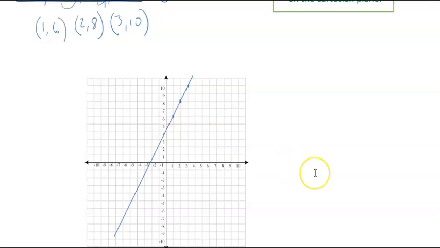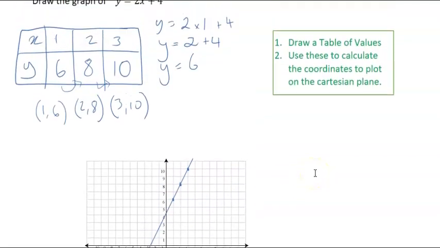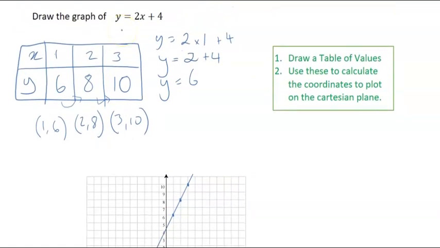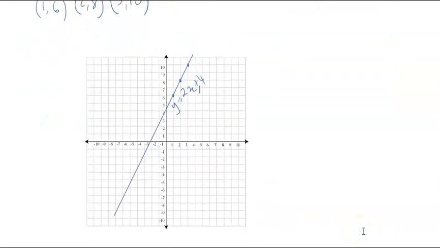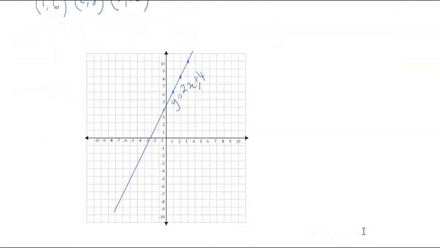Make sure that once you do plot it, always remember to go back to that original equation, and anywhere along the line, label your line. Okay, anywhere along the line, label it. The last thing that you can check is, of course, your gradient. So I'm just going to draw your attention to the gradient. So I'm going to choose any of these points.